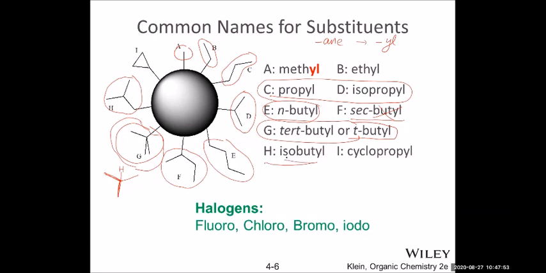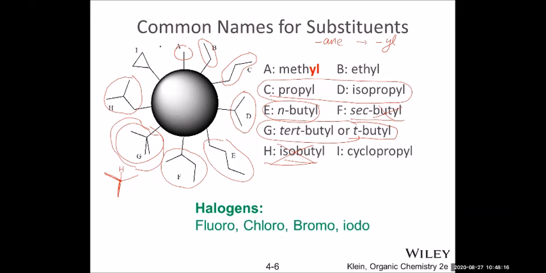Getting to this point, if I keep going, it's getting more confusing, especially the sec-butyl and the isobutyl. These two, in organic chemistry discussion, we don't use that much. So don't worry too much about these two, because oftentimes I don't remember these two either.